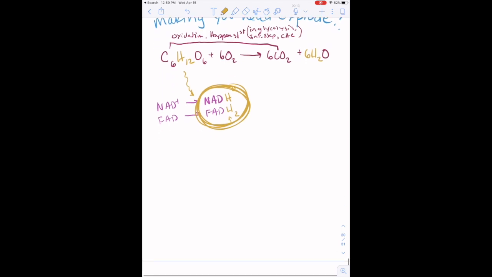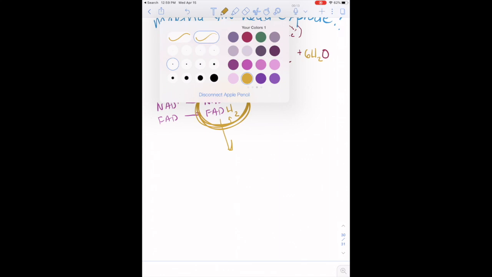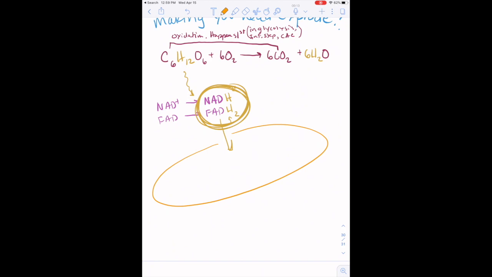They went into the mitochondria, where those hydrogens are used to make a whole bunch of ATP.